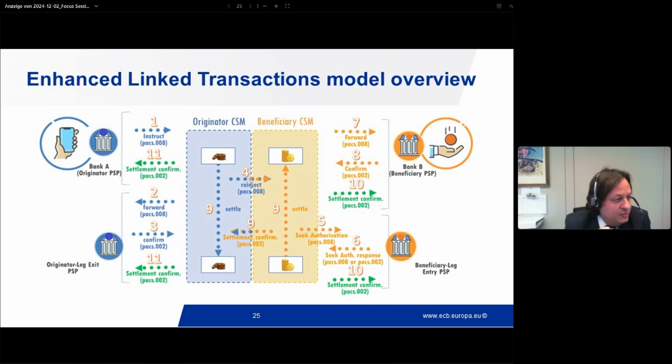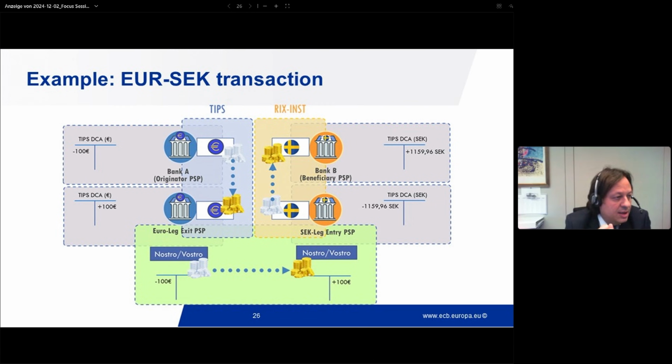Moving to the next slide, just focus on how the liquidity will be transferred along the chain, because this is of course just an example, taking as a scenario a euro payment targeting a Swedish krona beneficiary. So in that case, you can see the transaction is split into two different legs.